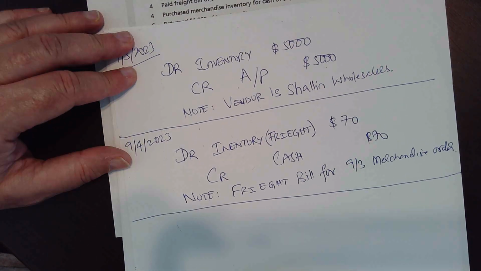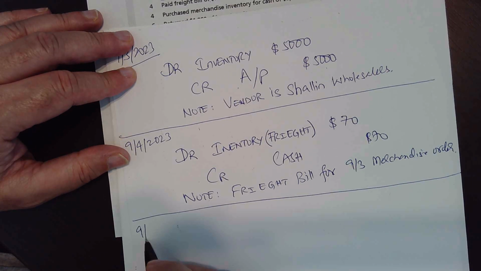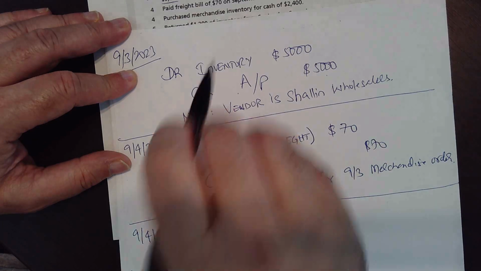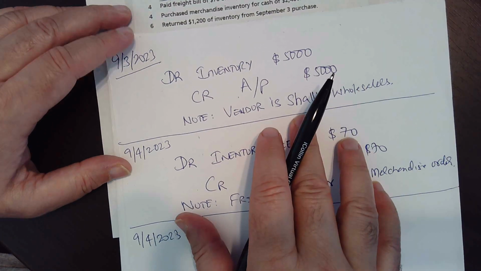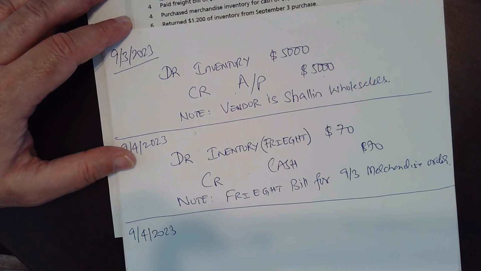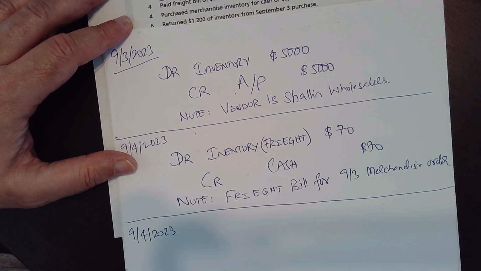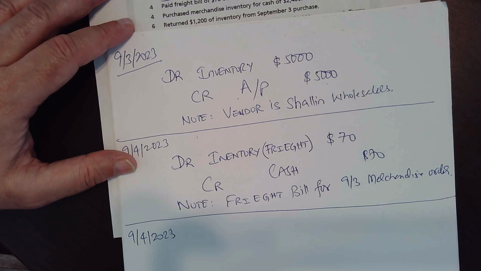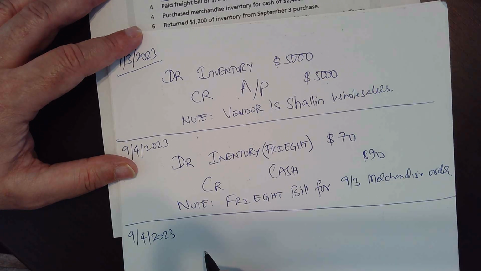And on September 4, you have one more transaction in which you purchase merchandise inventory for cash for $2,400. Here they are not saying who the seller is, but the buyer, which is Waterworks, is purchasing merchandise.